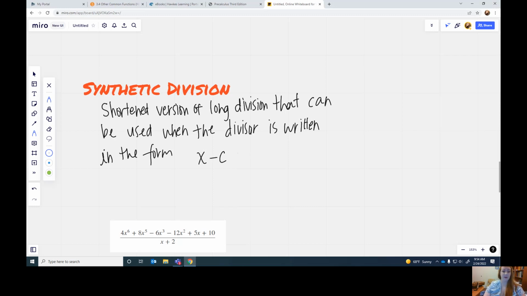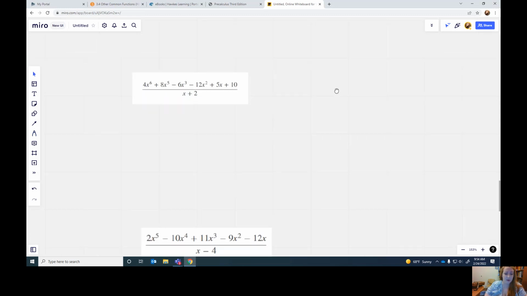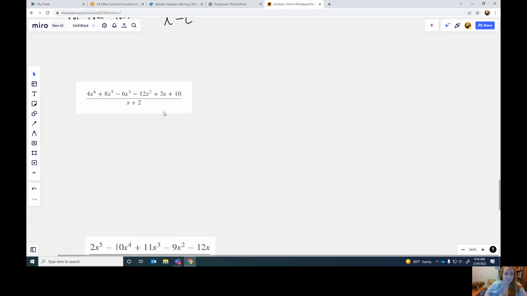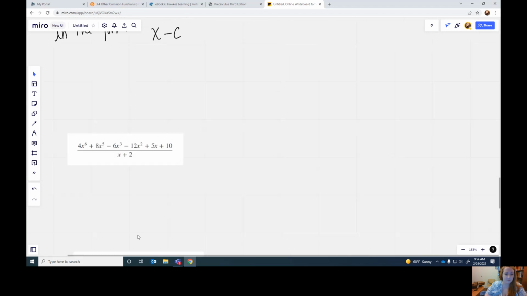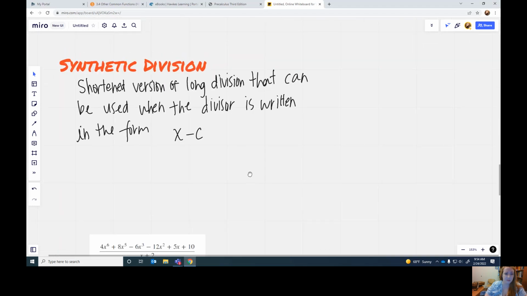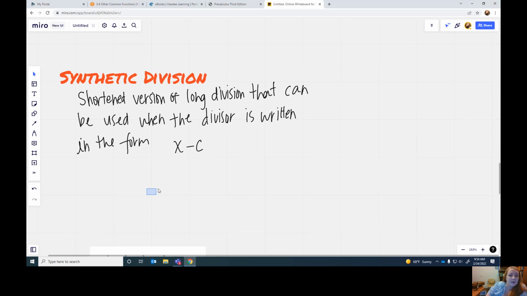So the divisor has to be written in the form x minus c. That's very, very important.